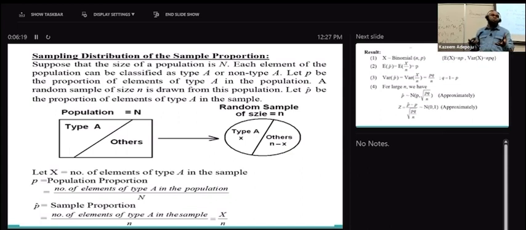What do we want to know? We want to know mu. We want to know proportion. This is what we call population mean. This is what we call population proportion.